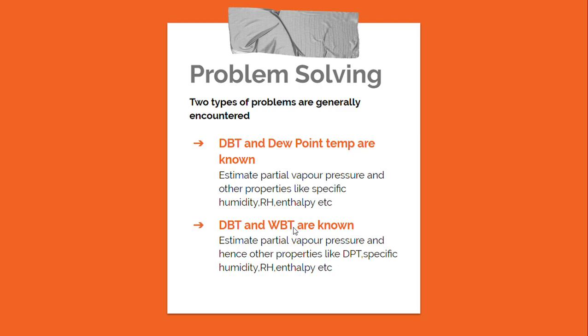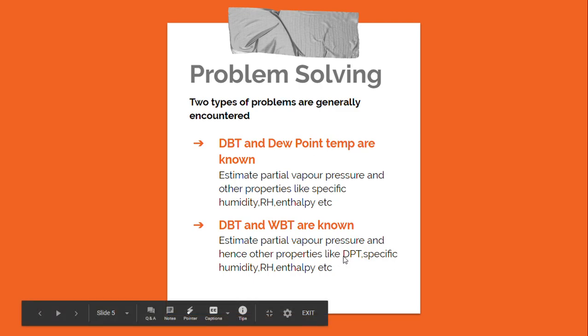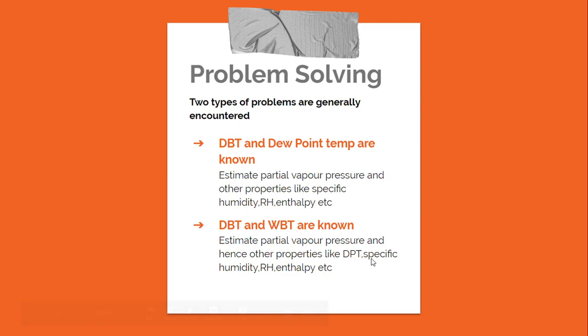If you get these, then using the method which I will be discussing now, that is using steam tables, I would be able to calculate the vapor pressure, the dew point temperature, the specific humidity, relative humidity, enthalpy, etc.